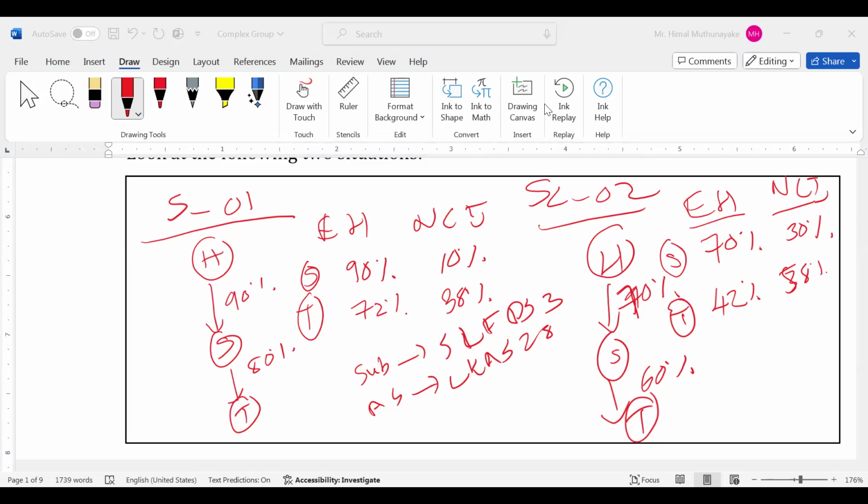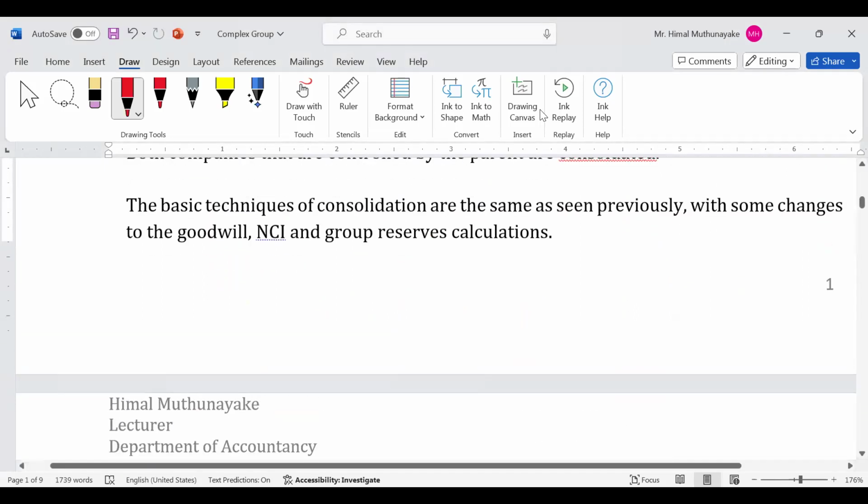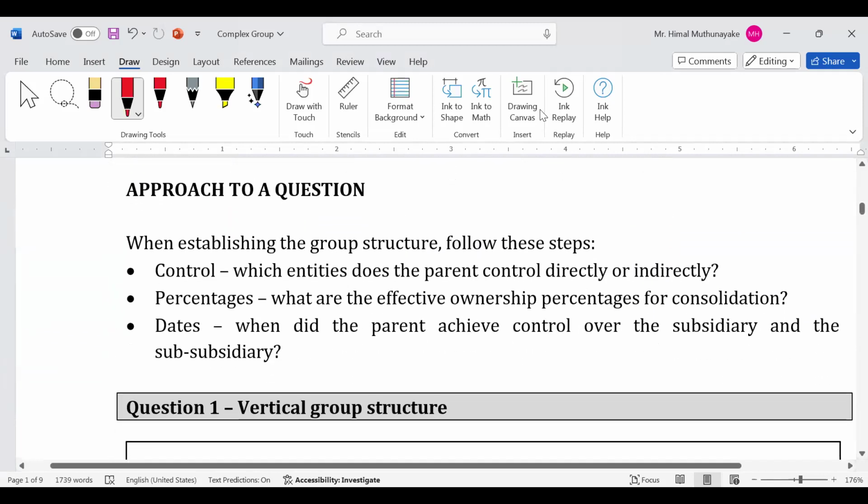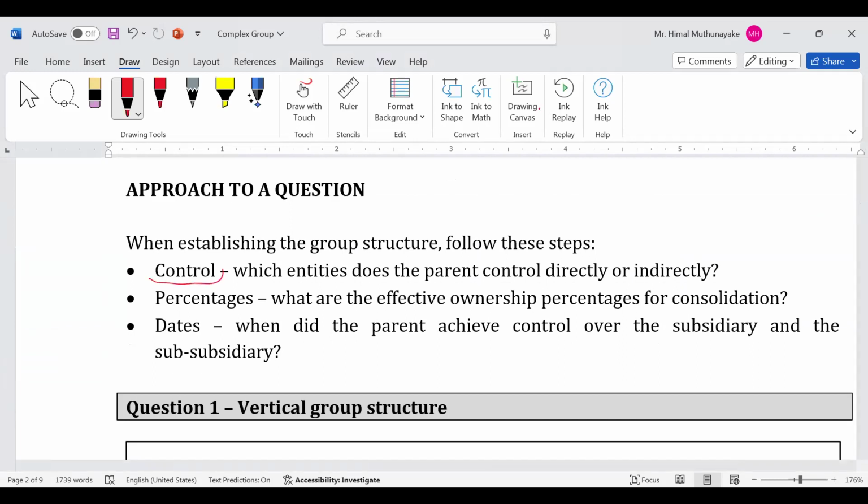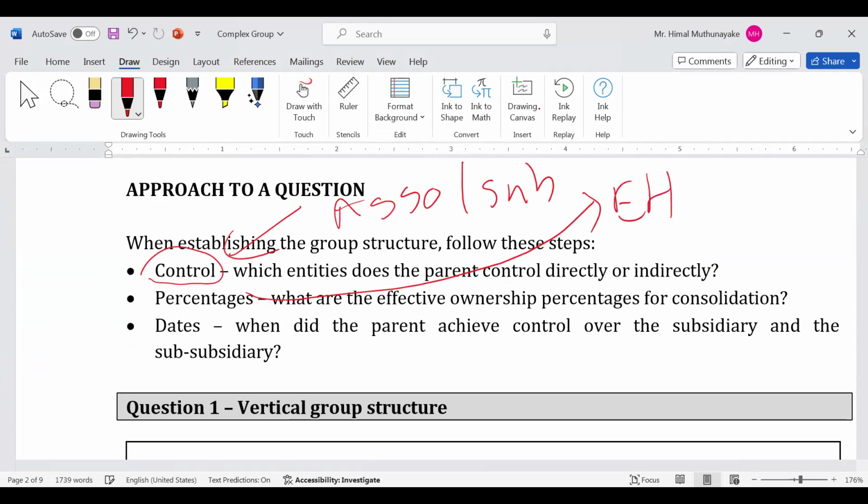Then when you are approaching the question, as I mentioned before, you need to work with the control. Control means you need to decide whether that company is your associate company or the subsidiary company. Then the percentage, which means effective holding.